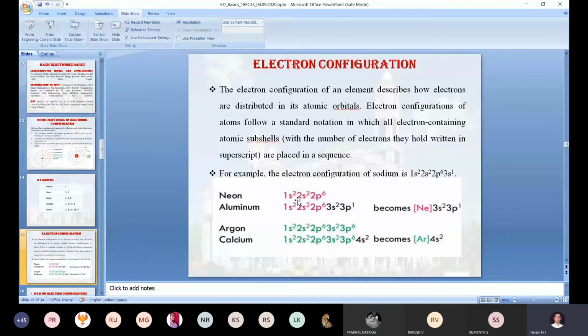For example, instead of 10, just for understanding purposes, let us take neon consisting of 11 electrons. How are we going to write the electronic configuration for neon with 11 electrons? 1s2, 2s2, 2p6 and 3s1, right?